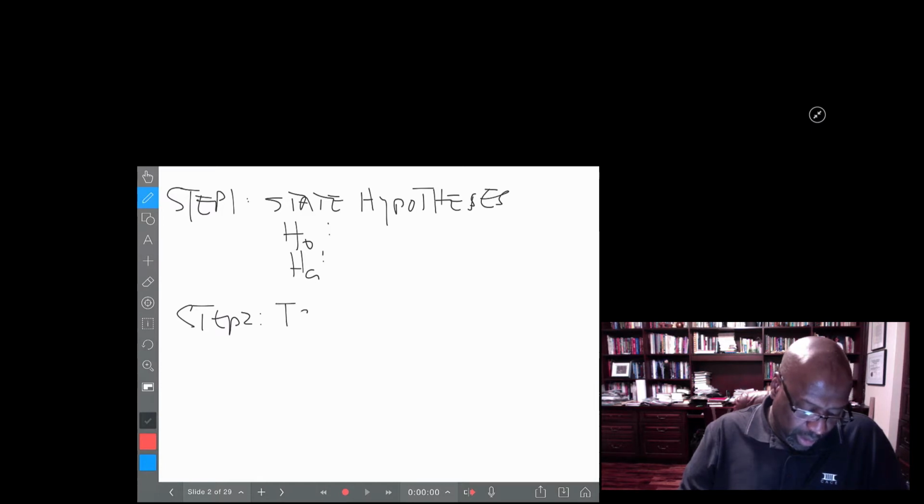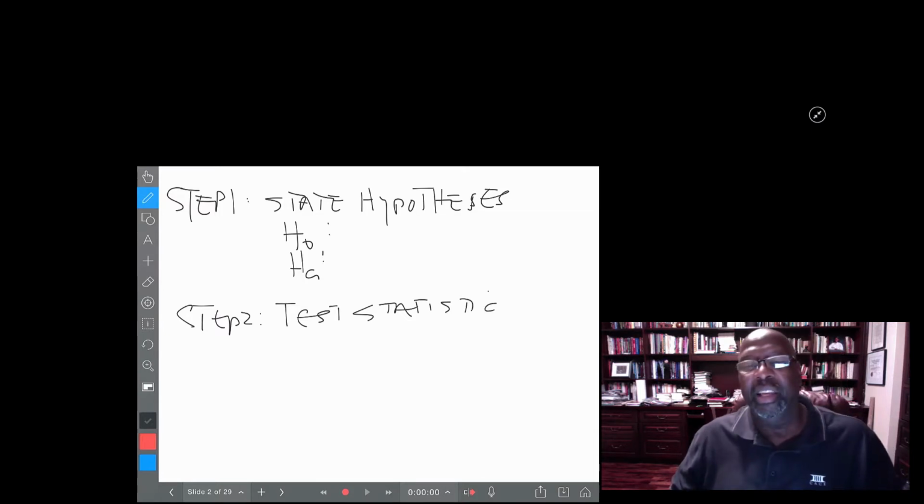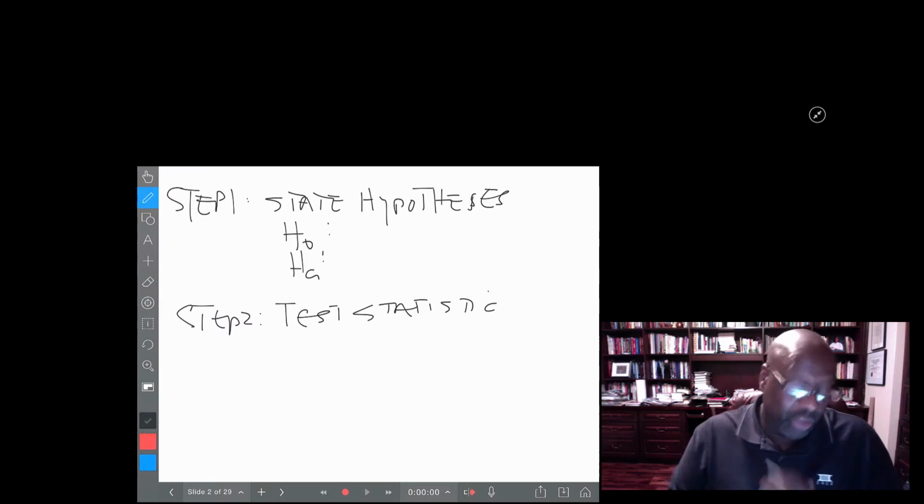we need what we call a test statistic. The test statistic is how we're going to measure the evidence. And in our case, we use either Z or T, depending on what the sampling distribution is. So if the population standard deviation is known, we will use a sampling distribution that is normal.